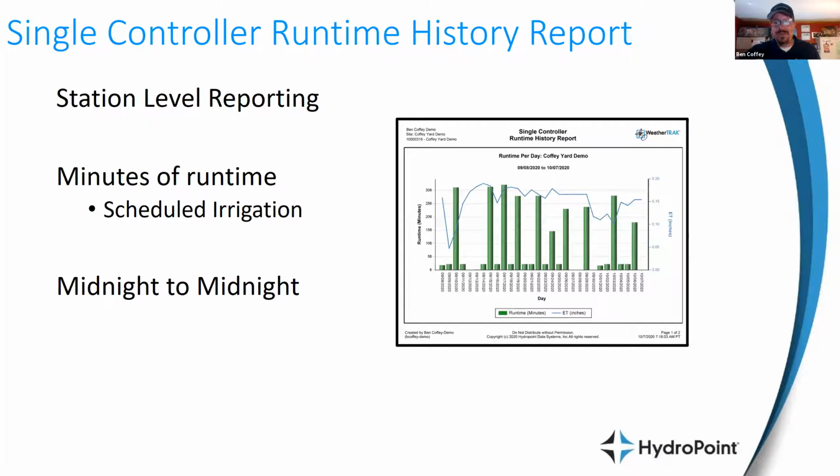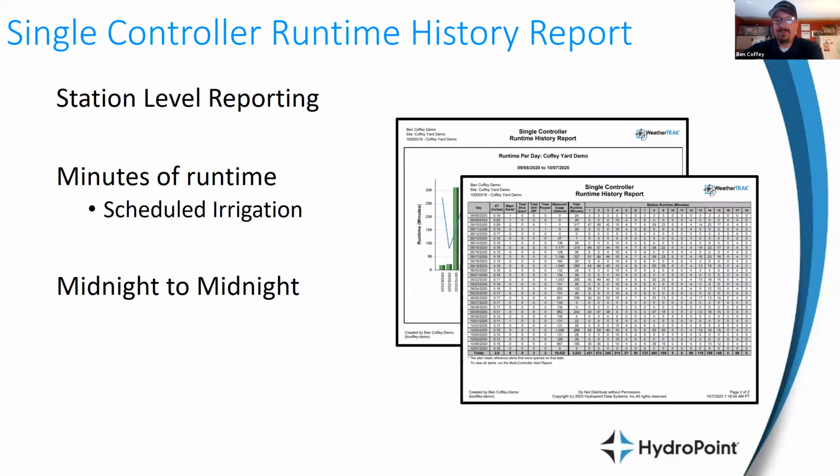WeatherTRAK, this is a midnight to midnight report. So it starts at 12 a.m. and finishes at 12 a.m. and many people have irrigation water windows that pass that midnight mark. And so that will be reported on 2 separate days, something that you should know going in. And so that's just a heads up.